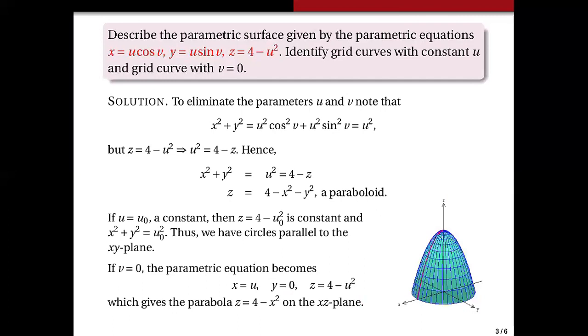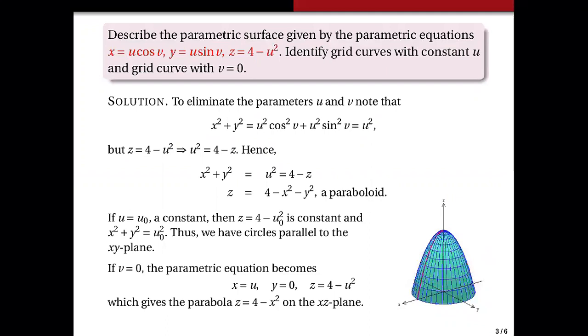In here, you see this blue part going around. These are the circles that you see for constant u. For different constant u, you will see those circles.